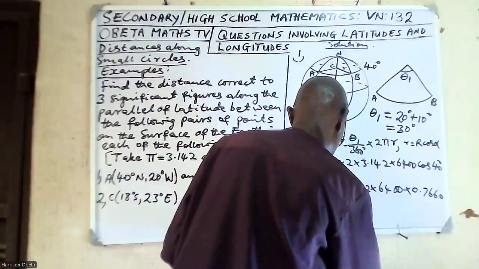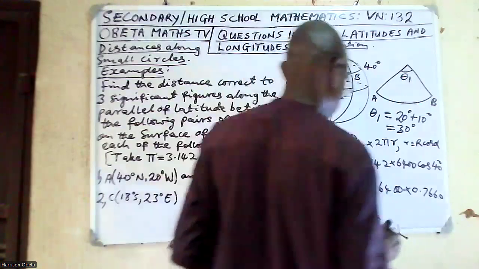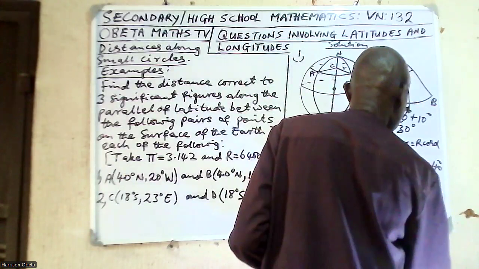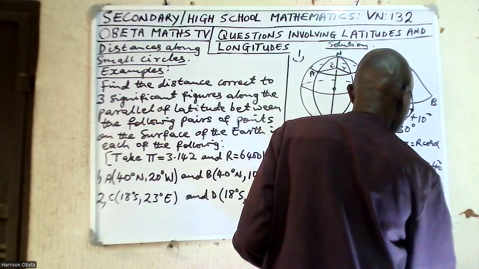We are dividing by 12. And that will give us 2567.22.